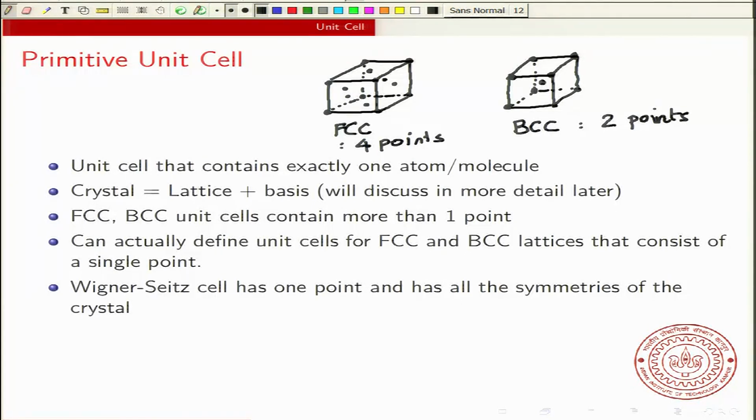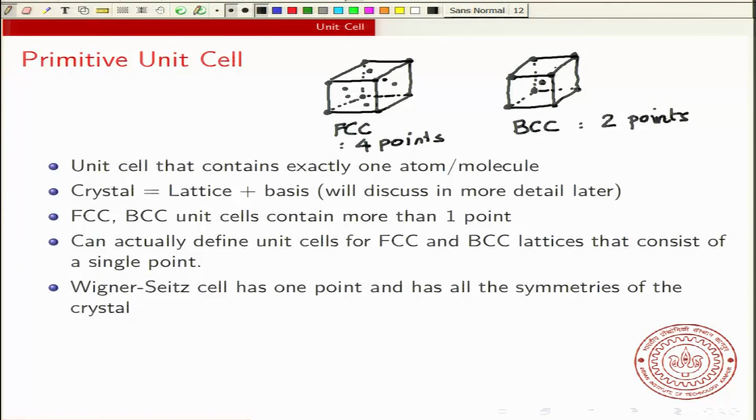So, you have 3 plus 1, 4 points. In the BCC case you have 1 from the corner and 1 from the body center. So, you have 2 points. So what you see is that if you choose this as the unit cell for FCC, then you will have 4 points. Similarly, if you choose this cube as the unit cell for BCC, you will have 2 points.